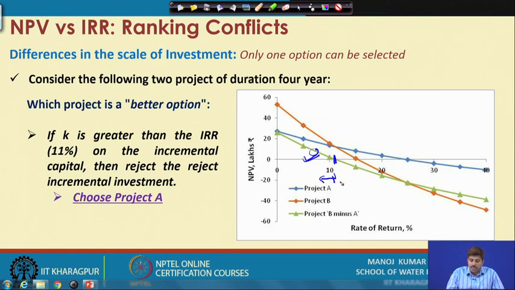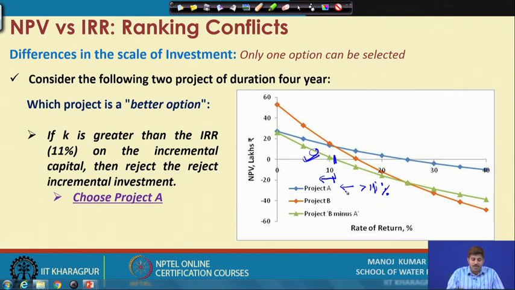However, if my discount rate, or my expected return, is greater than the IRR for this incremental capital, that is, greater than 11%, then the incremental investment is giving me a negative net present value.